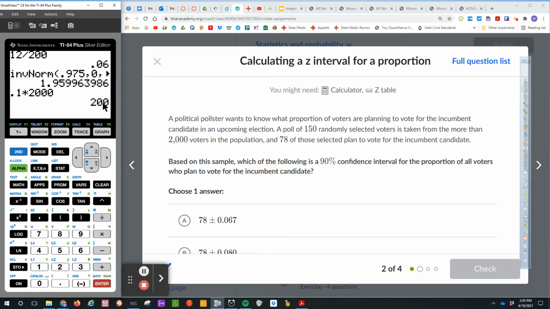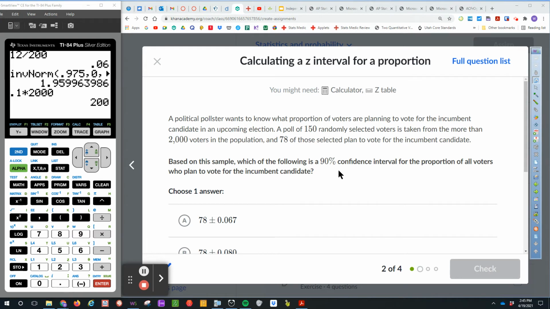So as long as my sample size is less than 200, the independence rule is satisfied. So 200, and we only sample 150. And 78 out of the 150 voters sampled actually plan to vote for the incumbent candidate.